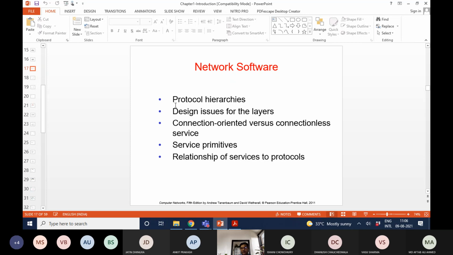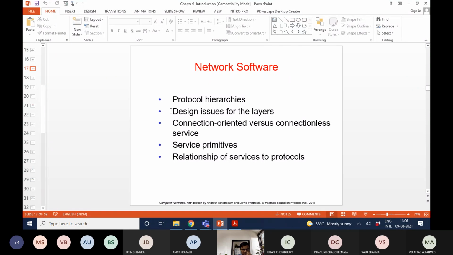Connection oriented versus connectionless, only these two concepts we know now, but in the future we will go into detail about the connection oriented protocols and the connectionless protocols and how they help us. We will also see the service primitives, and the relationship of the services to the protocols, how the services are given by the protocols.